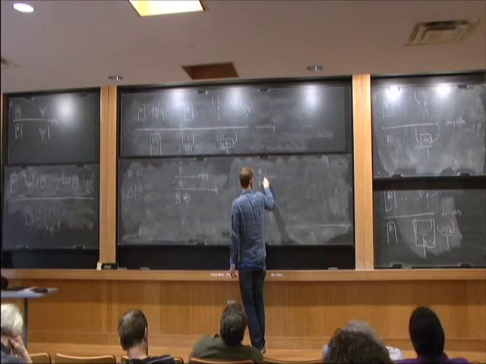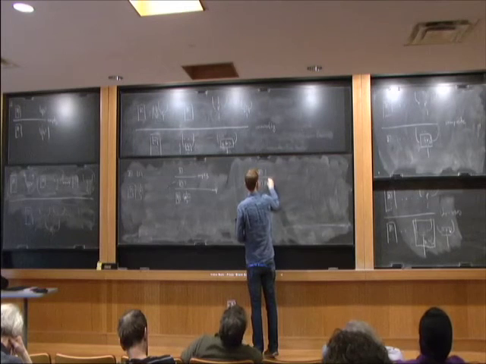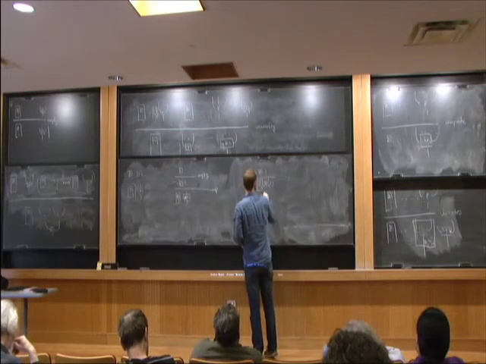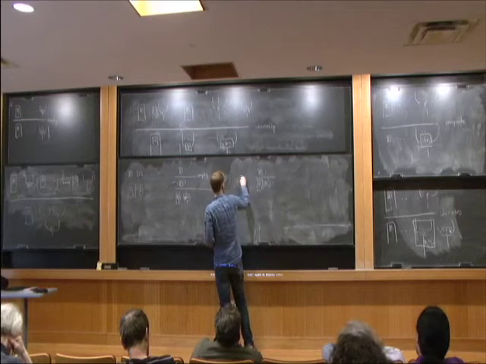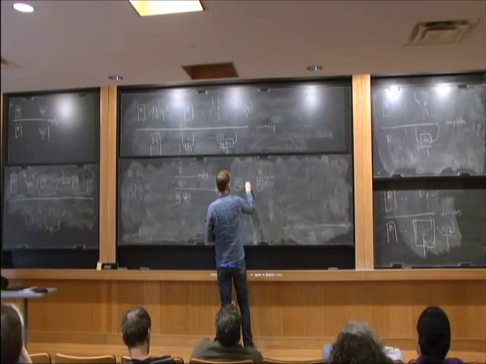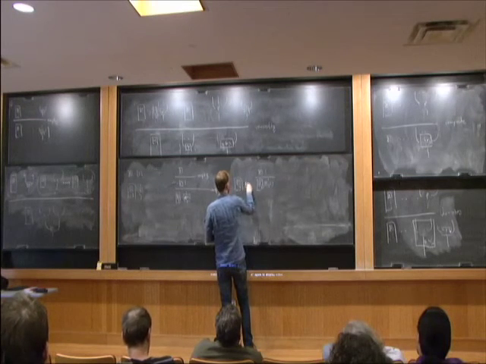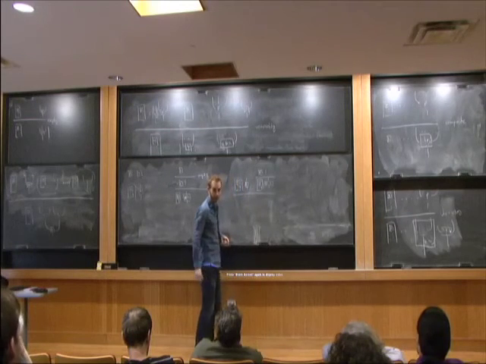So I take the identity on X. And now X is a universal cell, so I can put it over here. And I apply universality.